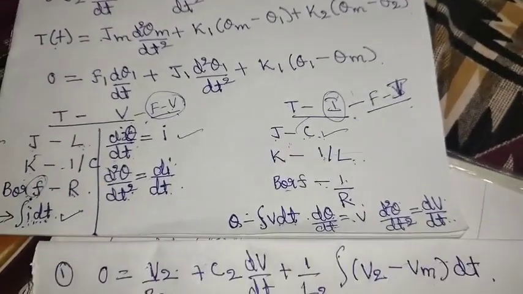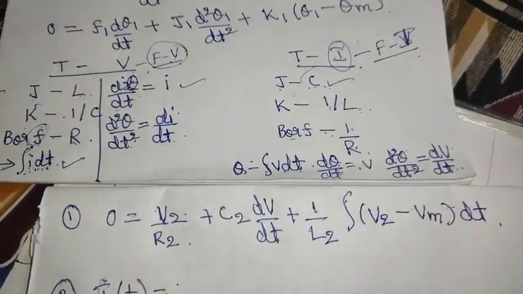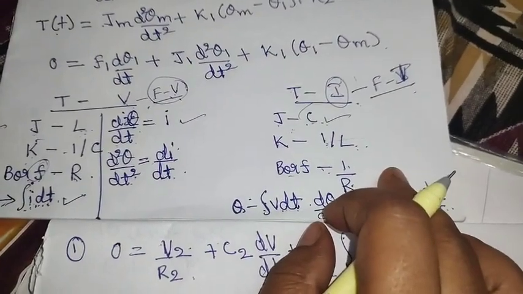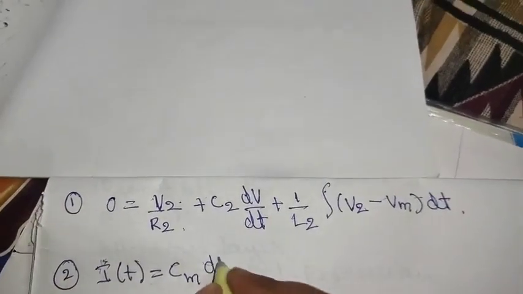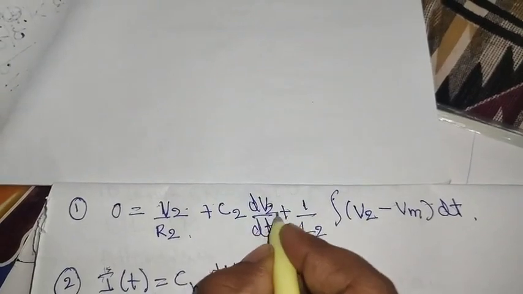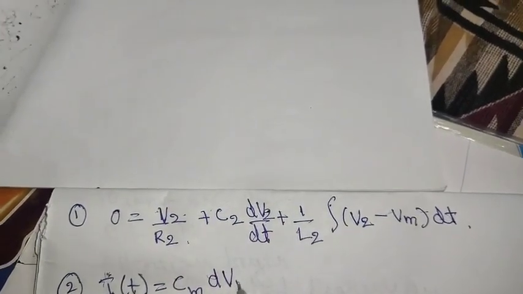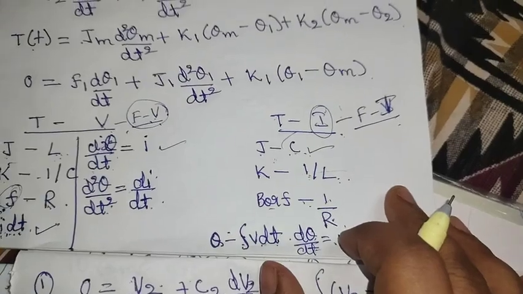Second equation, T of t, we are changing torque to current. So I of t is equal to, Jm is nothing but C suffix m. Next d square theta m divided by dt square means dV by dt. It is related to the second equation, so write down V2. So it is related to theta m, so K1, K2 is there.